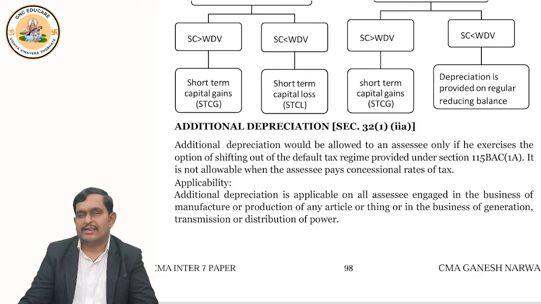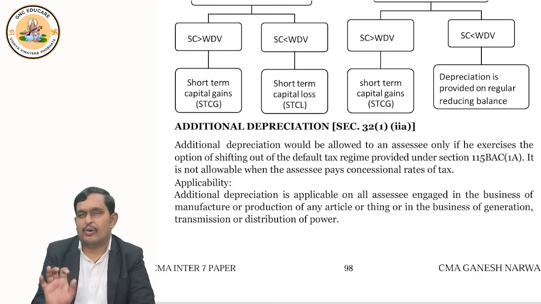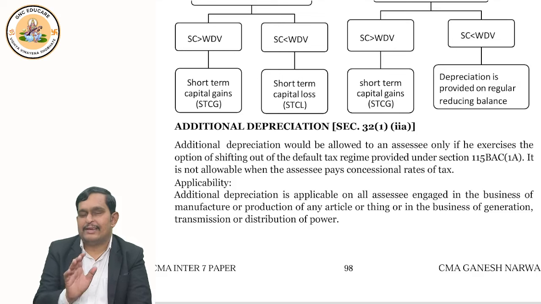But please remember, if the plant and machinery is a ship or an aircraft, no additional depreciation. If you purchase a ship, if you have purchased an aircraft, no additional depreciation.